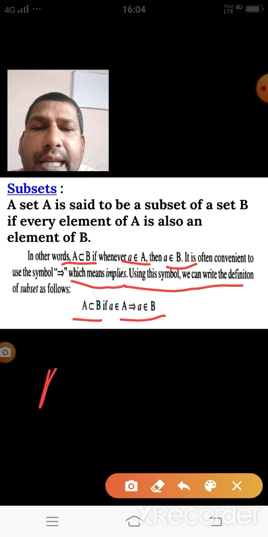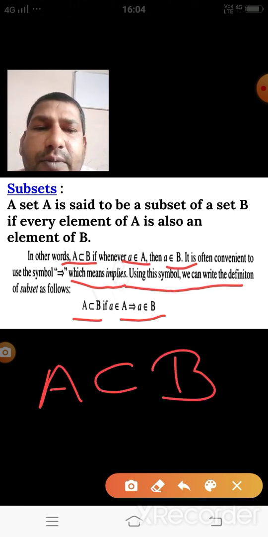Here, if A is a subset of B, then we also call B a superset of A.